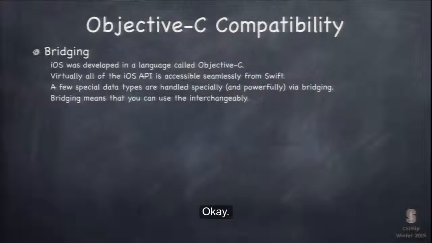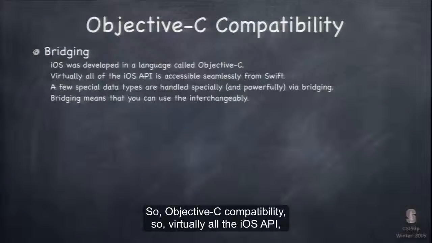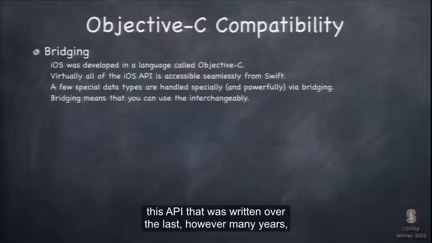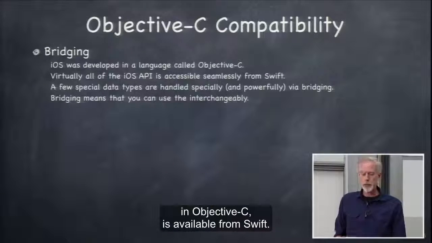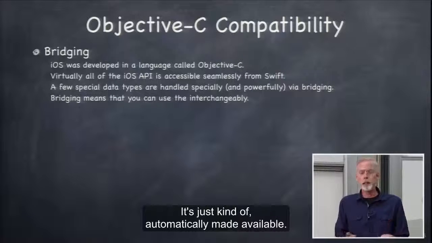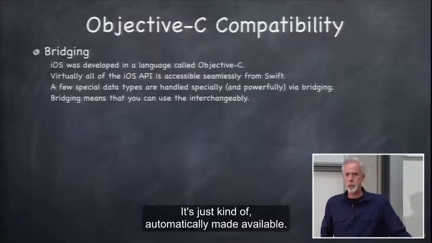Okay, so Objective-C compatibility. So virtually all the iOS API, this API that was written over the last however many years in Objective-C, is available from Swift, and you can't even tell the difference. Okay, it's just kind of automatically made available.